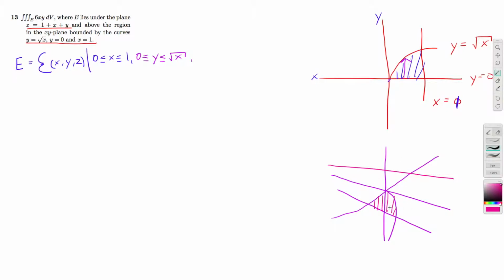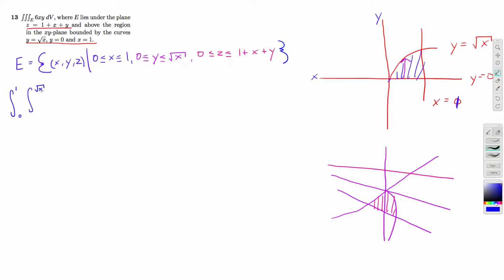So this tells us that our z coordinate is from 0, because it's in the xy plane down the bottom, less than or equal to z less than or equal to our plane 1 plus x plus y, and that is E.